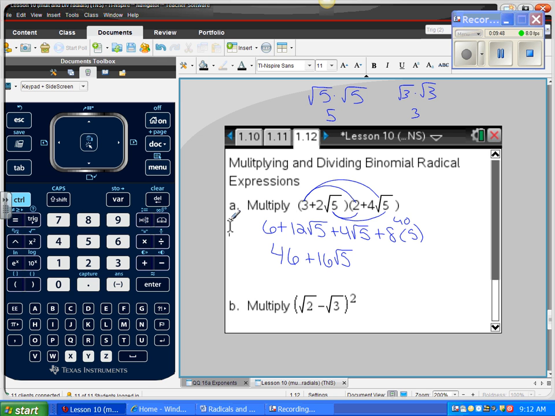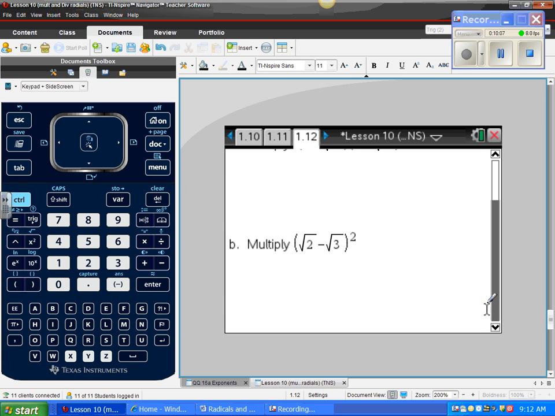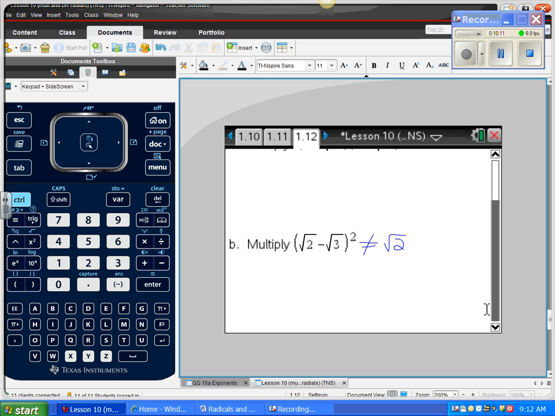What does that squared on the outside mean, guys? Good, I have to multiply the whole thing by itself, okay? That's squared. You cannot. This does not equal this.